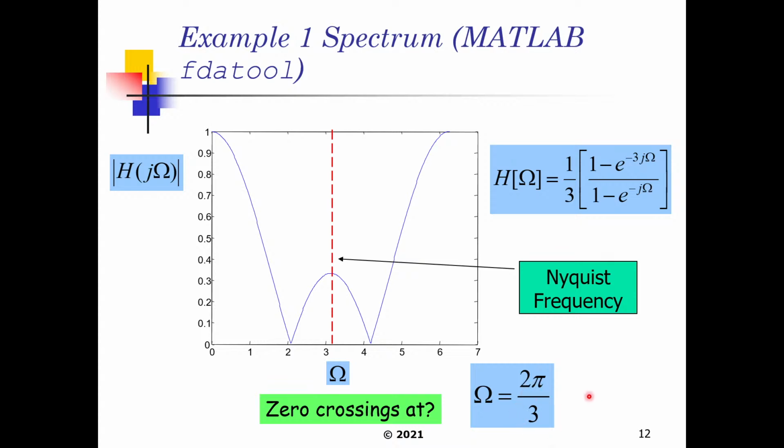And I know someone's going to ask, why is it 2 pi divided by 3? The reason is because of this particular design. We're going to look at this when we move to an n-order moving average filter to see how the frequency response changes, as well as how the zero crossings change as well.